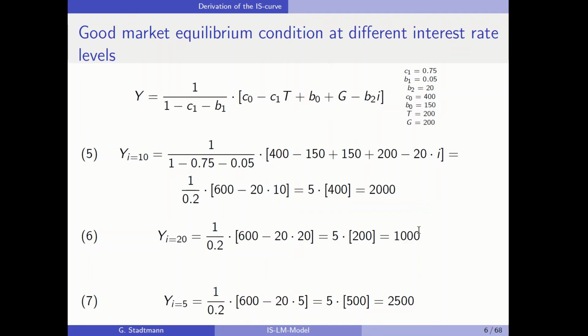Now we can insert all the information we have, and let's additionally assume in the beginning that the interest rate is equal to 10. When the interest rate is equal to 10, we can insert the 10 here for the interest rate, and then we get for the equilibrium income level that at an interest rate level of 10, the GDP level is equal to 2,000.